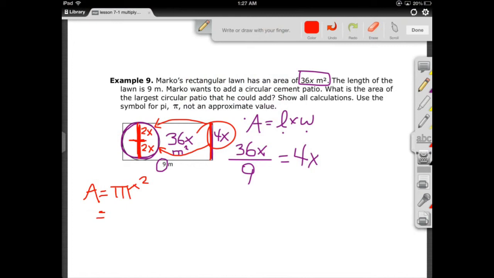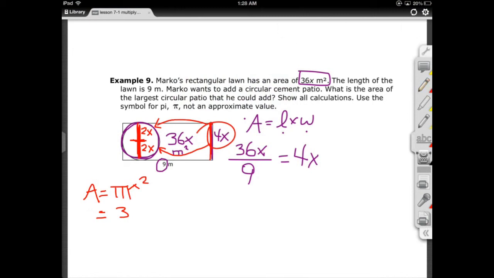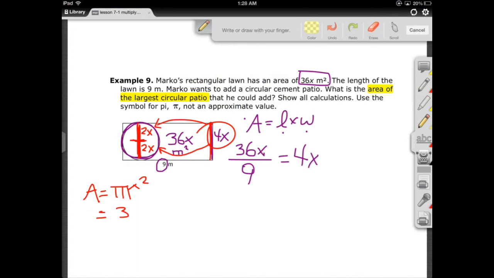So if we say that pi is equal to 3, because that's a pretty easy unit to use, we can solve the question. When I looked at this question initially, what occurred to me is we didn't have anything for the radius. So you can't figure out the area of a circle without knowing what the radius is. So we went right after figuring out this part right here, and it was just simple division of these two.